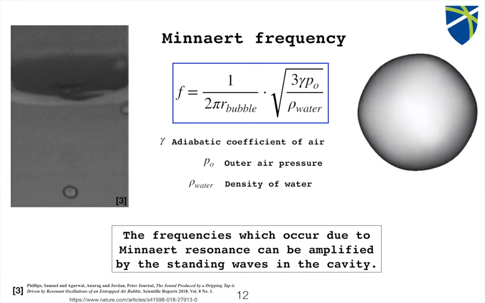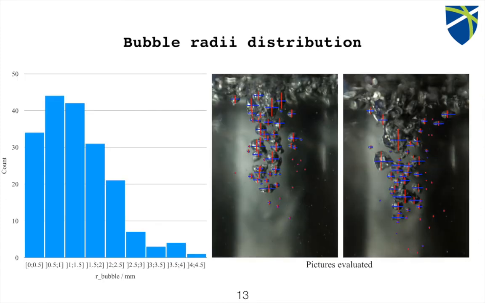So when we look at the bubble diameters, we can determine what bubble frequencies are being produced. We can see we have a certain distribution right there, and the bubble sizes are organized nicely.